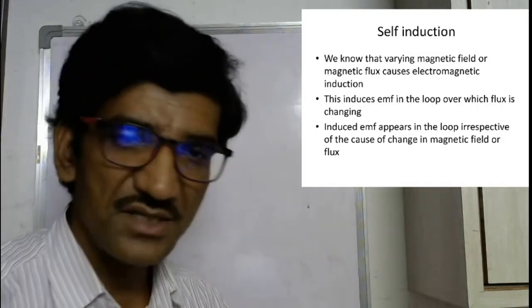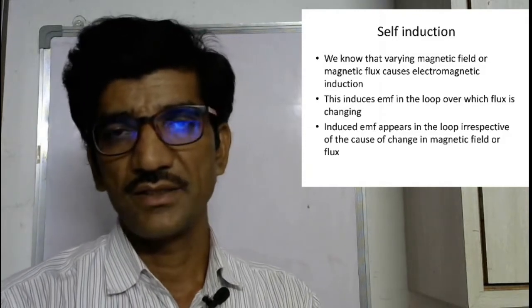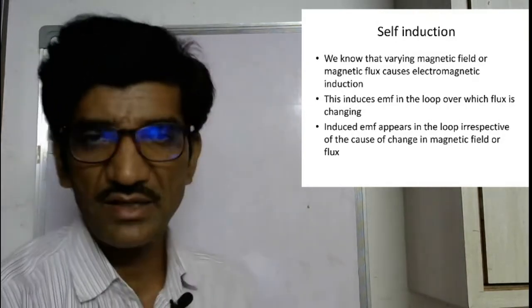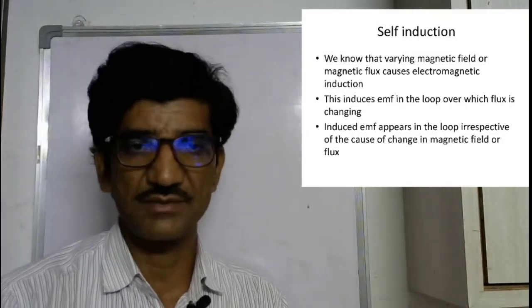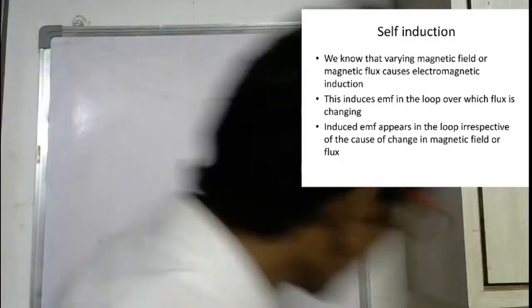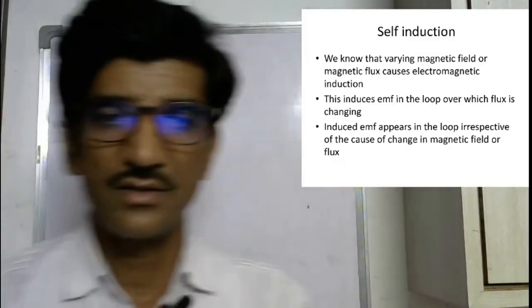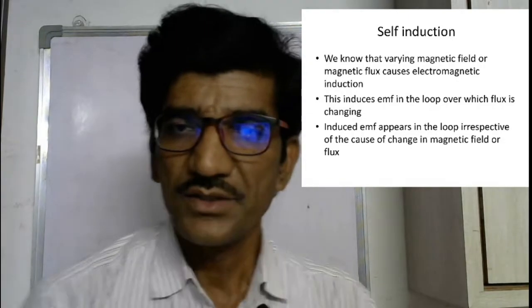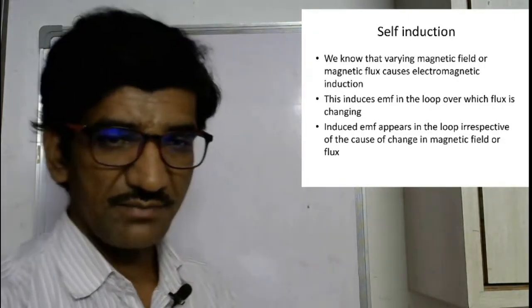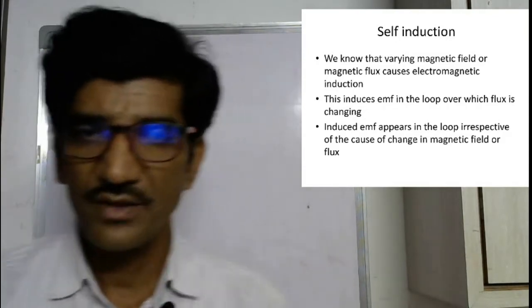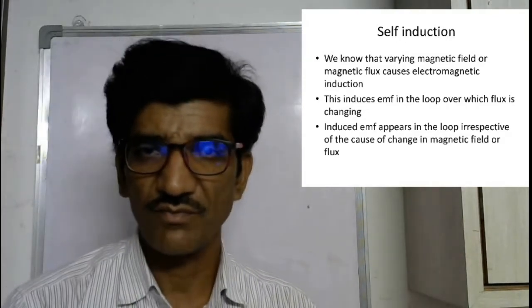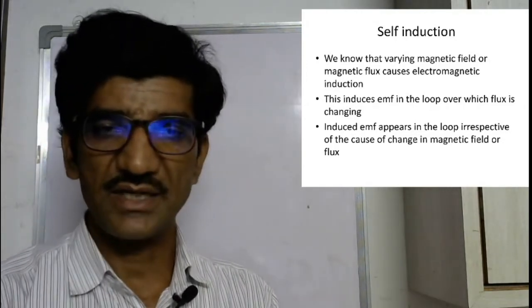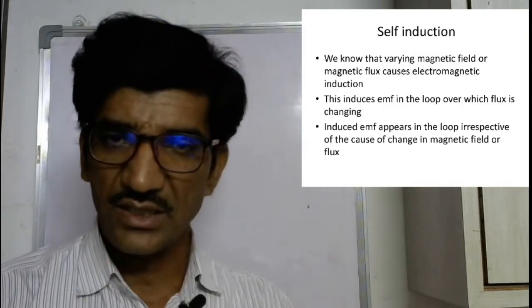And what is self-induction? What is the difference between induction and self-induction? Electromagnetic induction, or induction, is this; and this is self-induction. Here also you have some induced current. You know that a varying magnetic field creates an EMF in a conducting wire or loop.